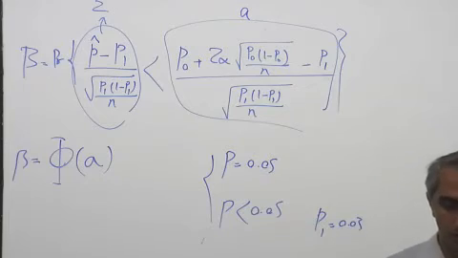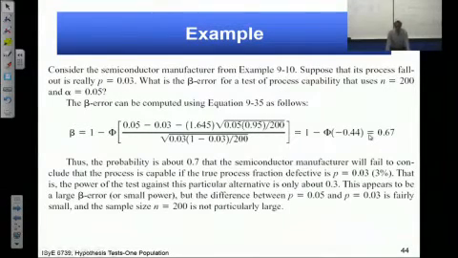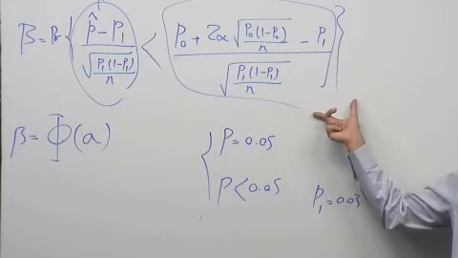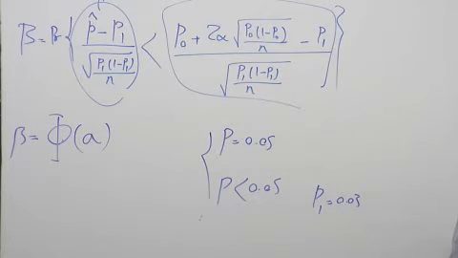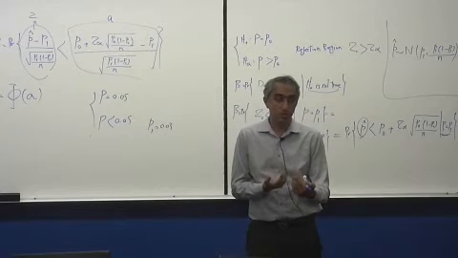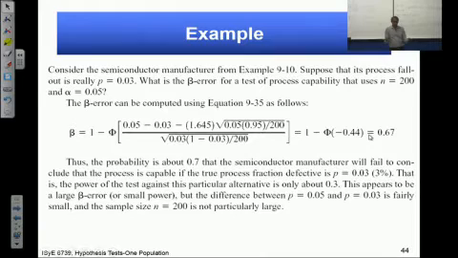So what is your beta? It is 0.67, based on the equation that we already derived. Okay? So what does it mean? If your actual P is 0.03, and you use this hypothesis testing, with a probability of 0.67 you cannot reject H null. So you cannot detect this change. Okay? Which is very bad because your power is 33%.